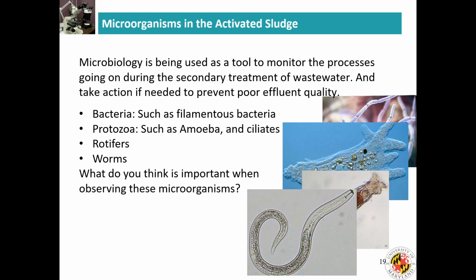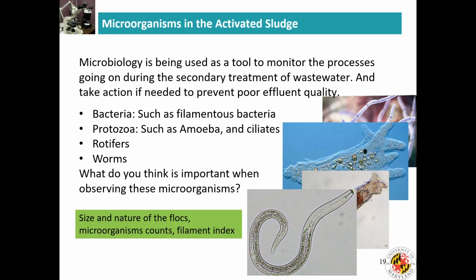In a wastewater treatment plant, they regularly take samples from the activated sludge and check them under the microscope. They have tables with different factors, so they keep a record of the size and nature of the flocs, the microorganisms, the type of them, the count of them, and the filaments they see.